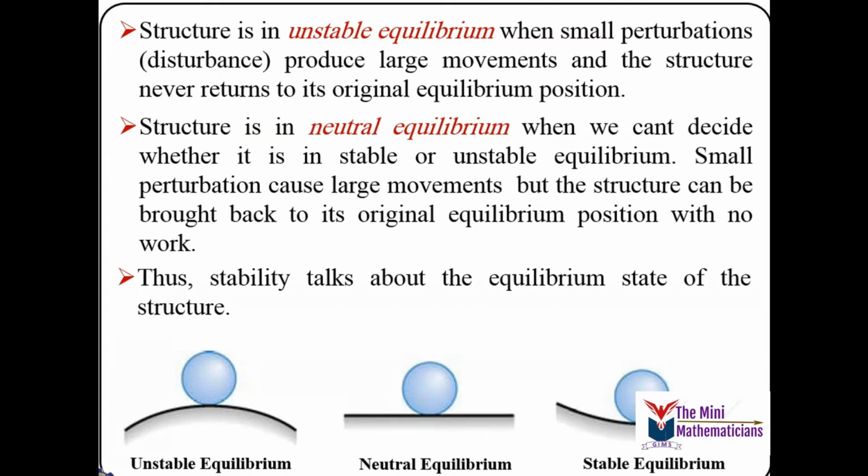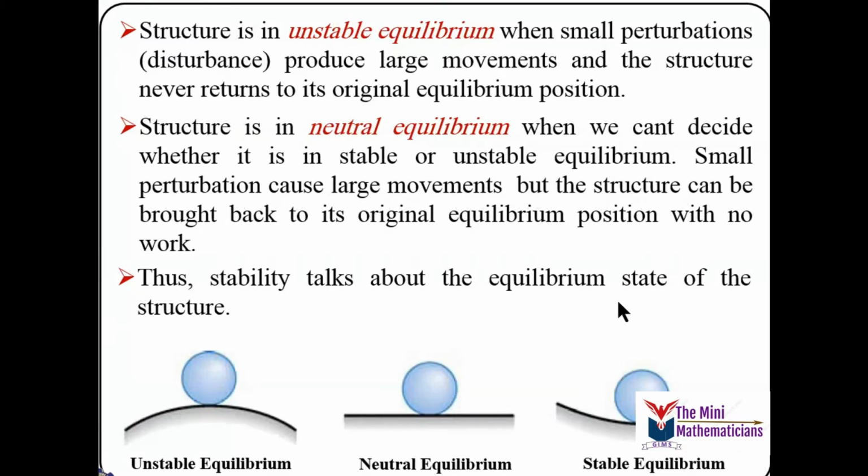The third stage is the stable stage, or stable equilibrium. It means that if we load the structure to a value less than or equal to its critical load, the member will be stable. If we remove the load, the structure or member will come back to its original position, just like in this diagram, where if we move the ball to either side, the ball will come back to its original position.